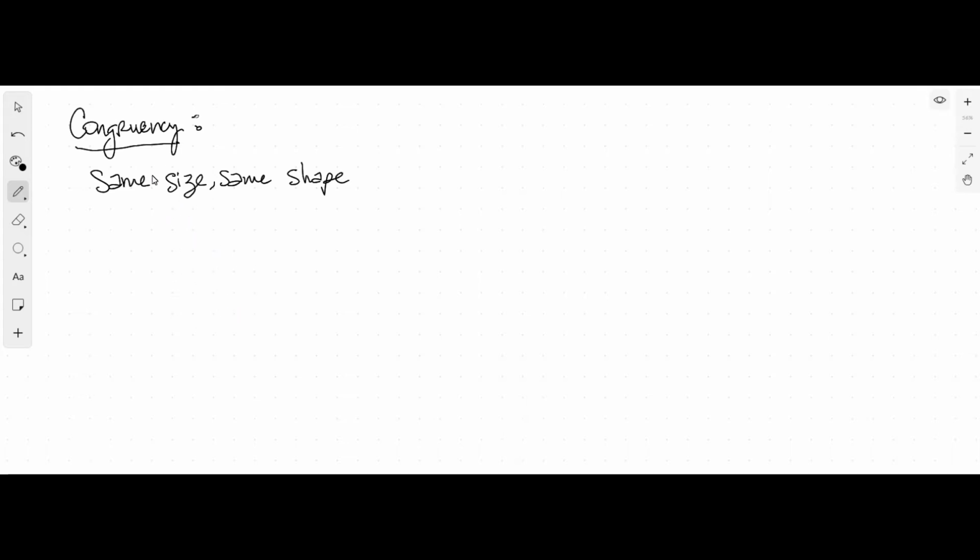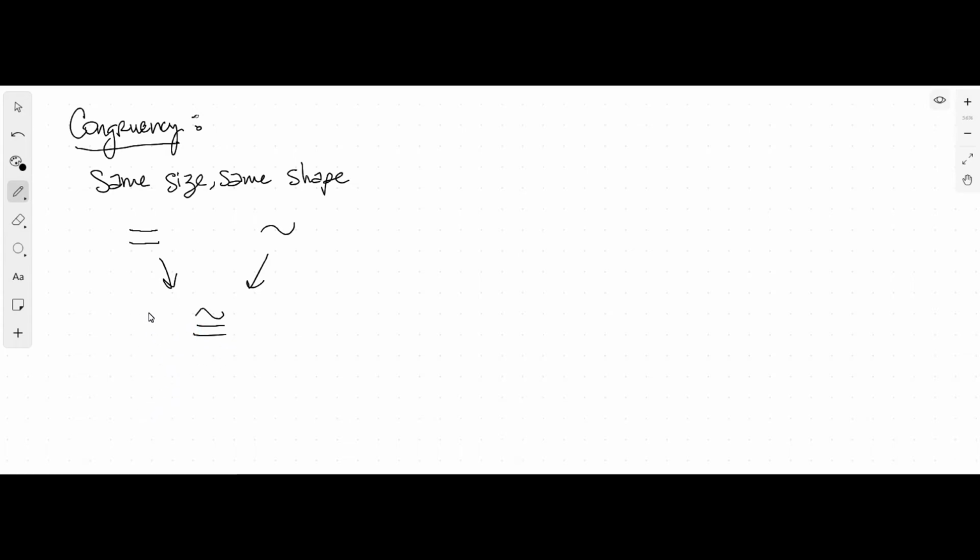And I want you to think about how we mark down that something has the same size or something that has equal size. And then shape is like a squiggle, okay? So if we put those two symbols together, same size and same shape, this is actually how we mark off that things are congruent.